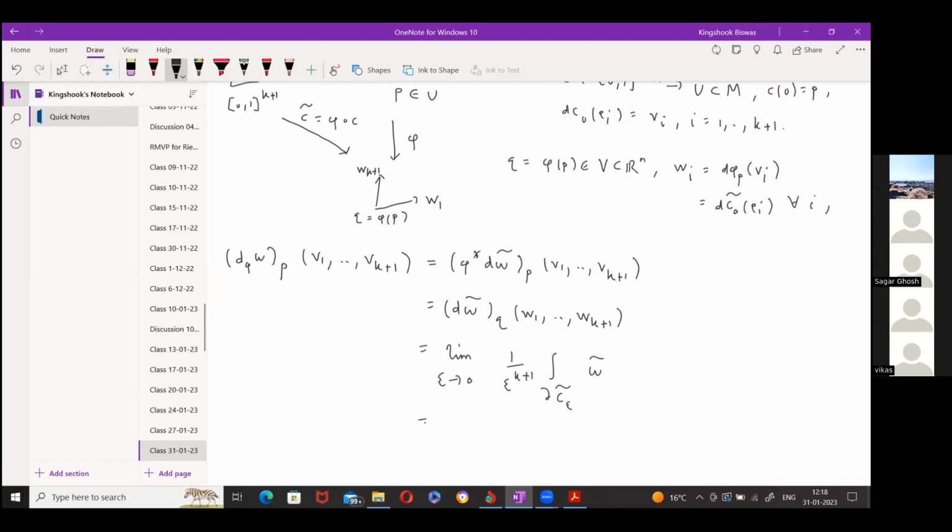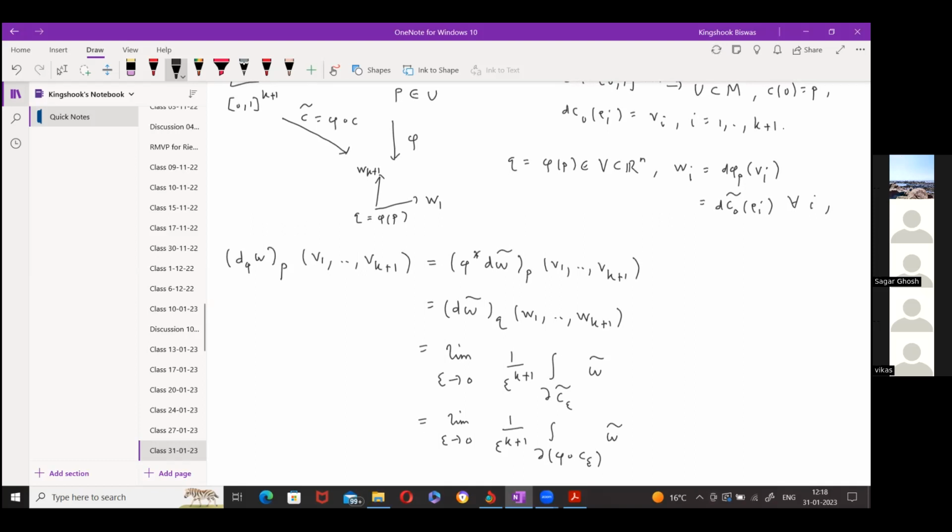So this will be the boundary of phi composed with C epsilon.